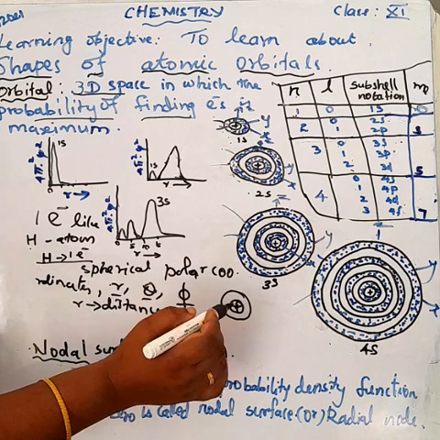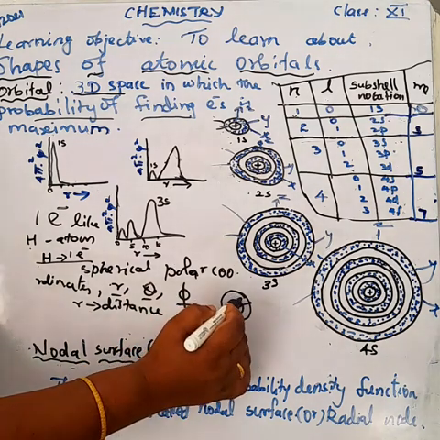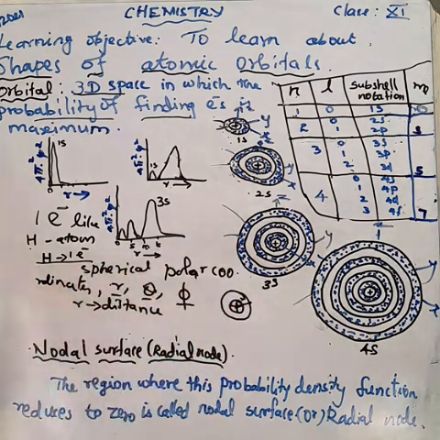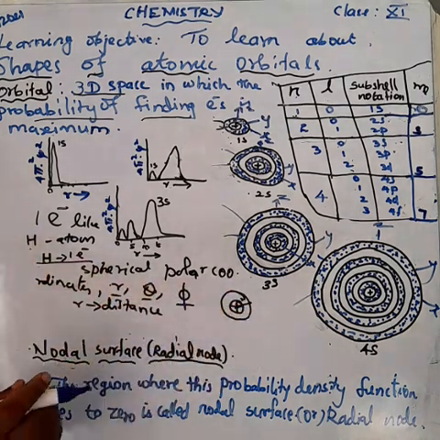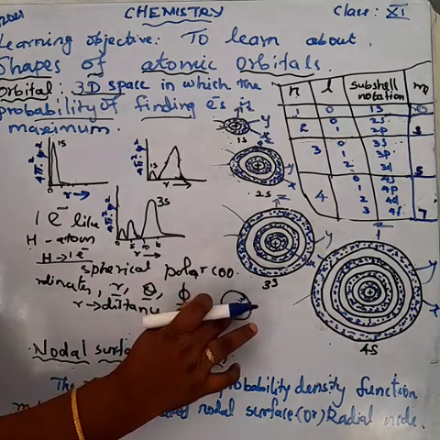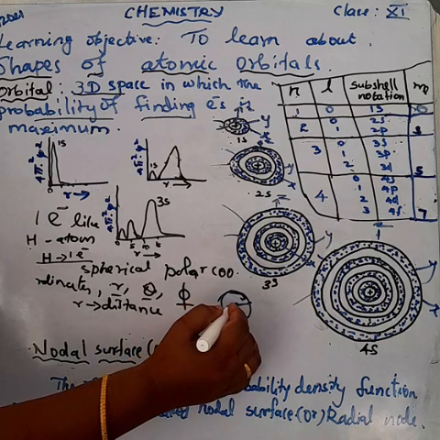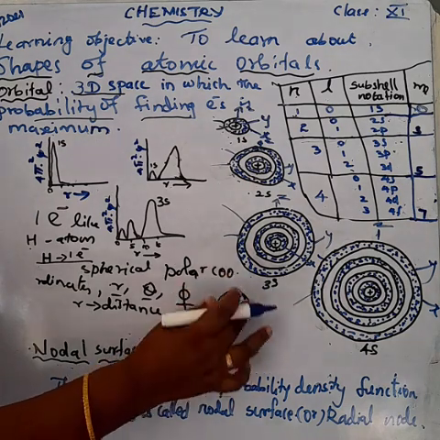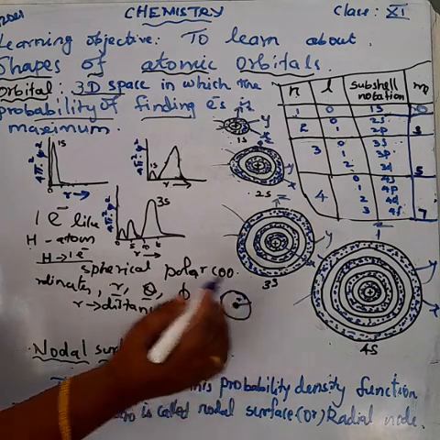Here the probability of finding the electron is maximum. So r means the distance between the nucleus and the point of maximum electron probability. The orbital is spherical in shape, and r is the distance from here to here.